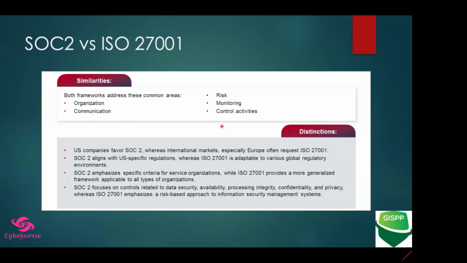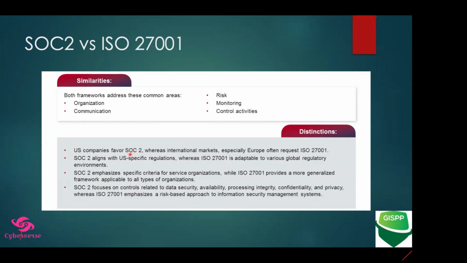They also talk about control activities, etc. The difference is ISO 27001 is globally accepted. SOC 2 is more of a US thing. So those organizations who have some sort of business in the US market, or want to expand their business or explore the US market, prefer SOC 2.